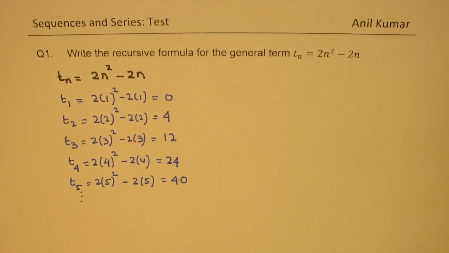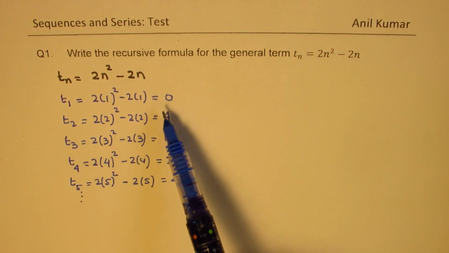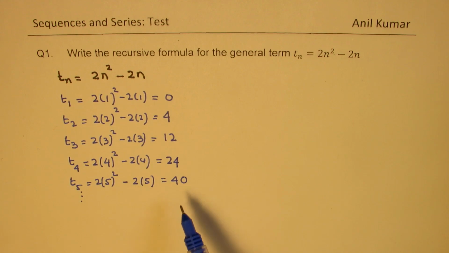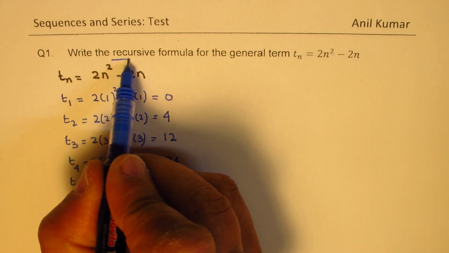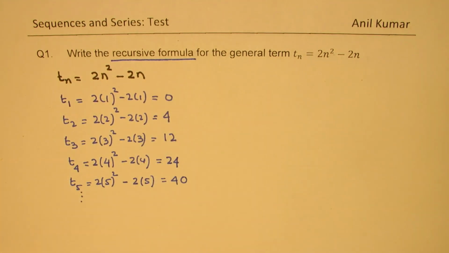That is how we could actually continue, and we get an idea of the different elements in this particular sequence. So what you notice here is that we have 0, 4, 12, 24, 40, and so on. Now, how do I get a recursive formula from these terms? That is a real big question, correct? So you can do trial and error, or what I would like to do here is go with first and second difference, right?